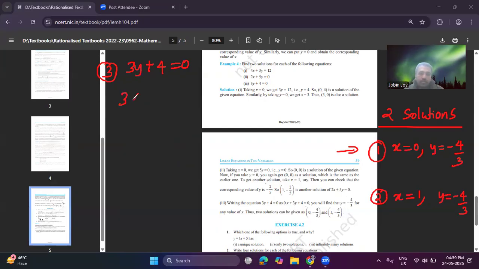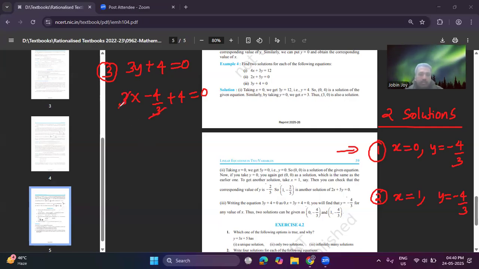So 3 into what is y? Minus 4 by 3, right? Plus 4 equal to 0. There is no x value, right? There is no x means 0x. That means 1 into 0 is 0.